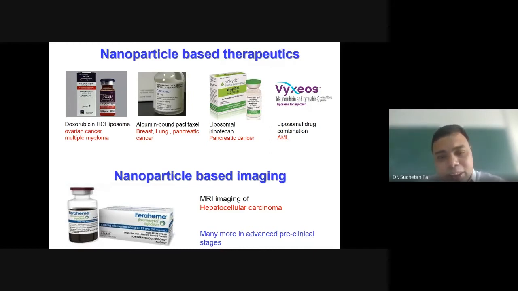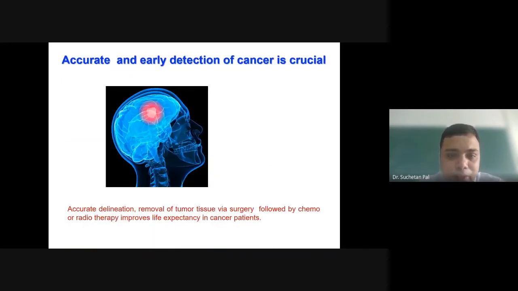Several formulations came out in the last 10 years, and a lot of research is happening in preclinical stages. We are trying to develop something which will give an idea to the surgeon or oncologist where the cancer tissue is and where the normal tissue is. This is a simple cartoon picture.